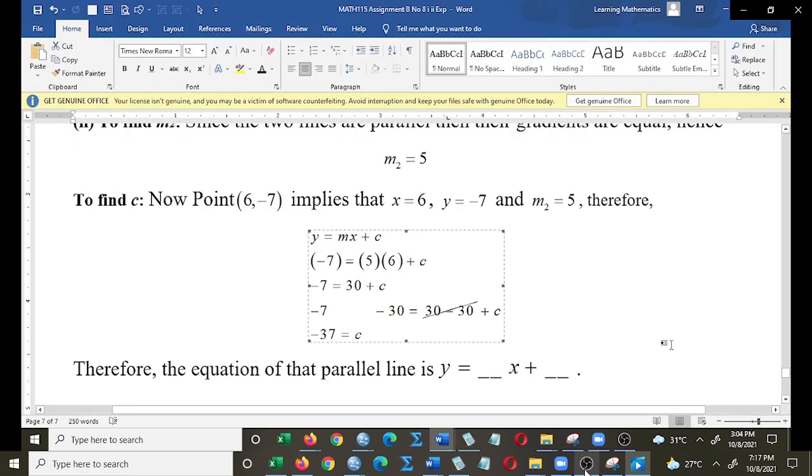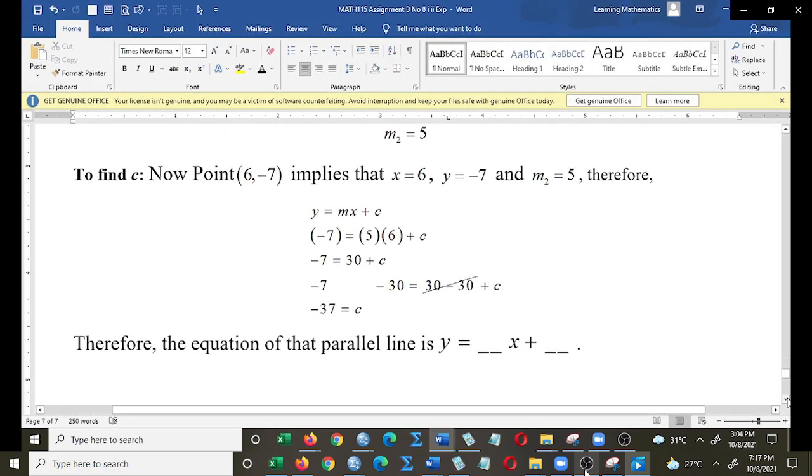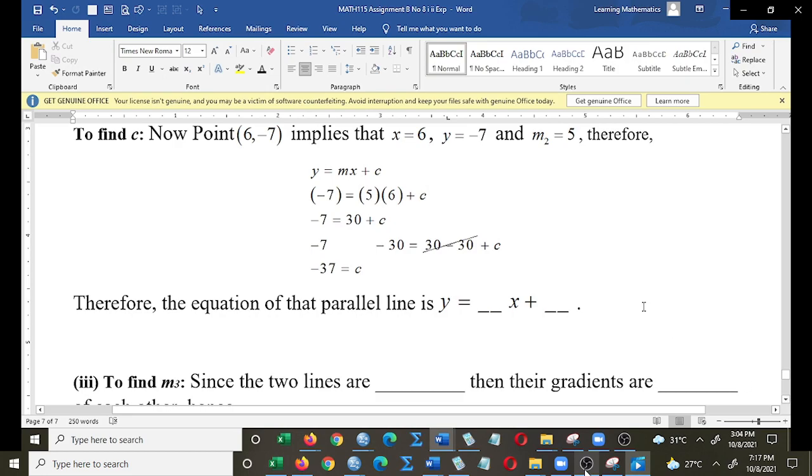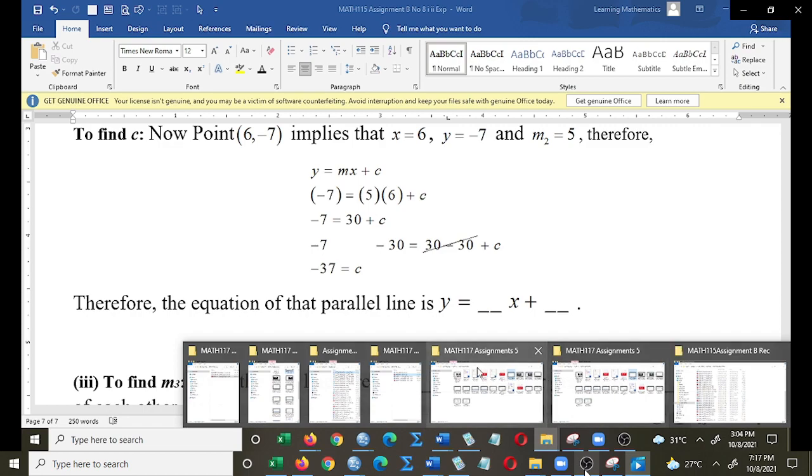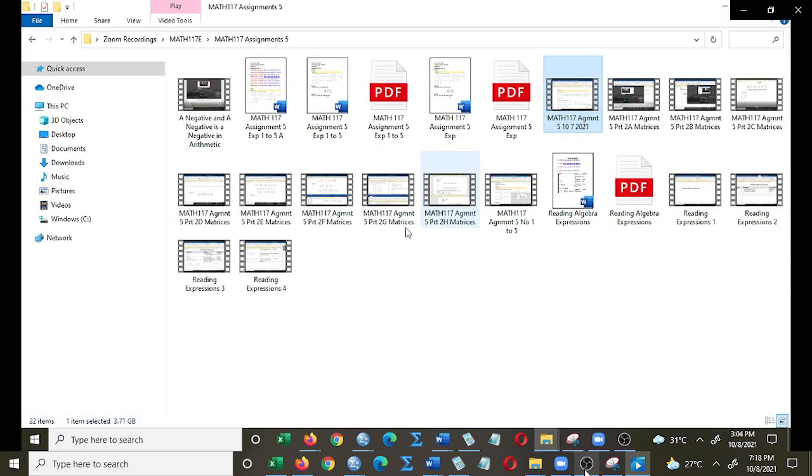But remember, in our algebra, you taught us "and" means to multiply. I never said that. I never said "and" needs to add in algebra.